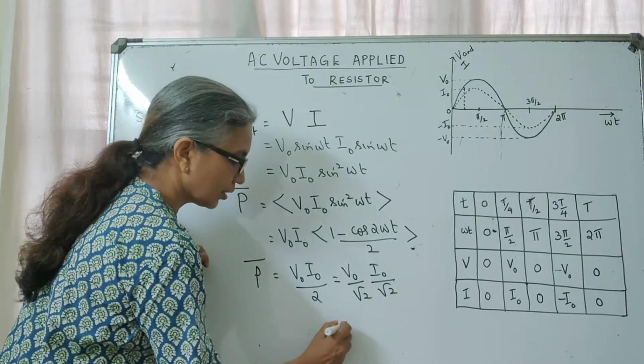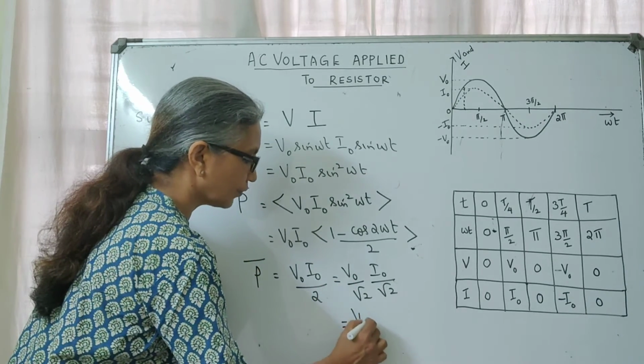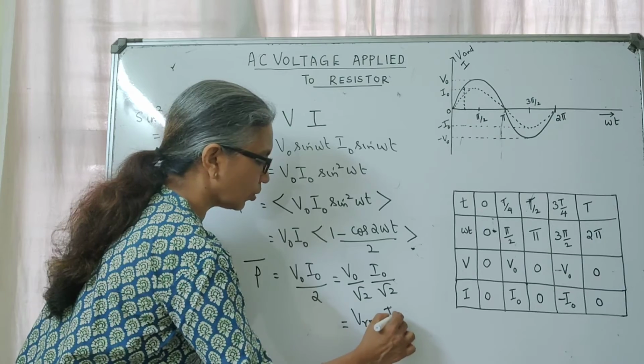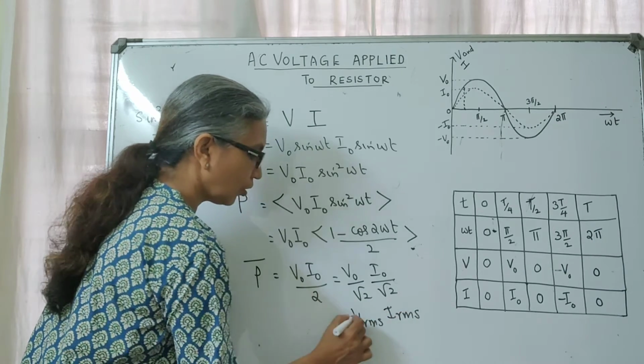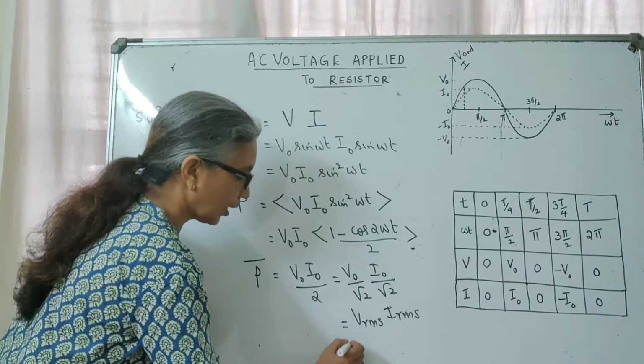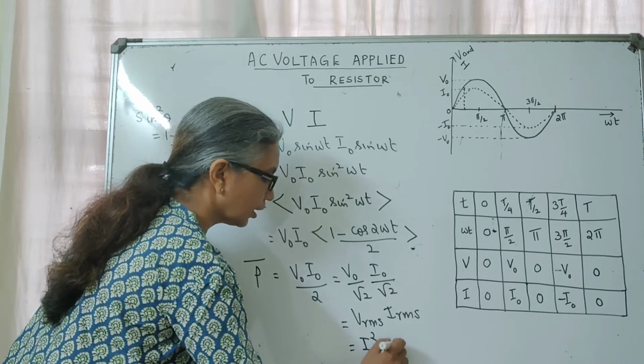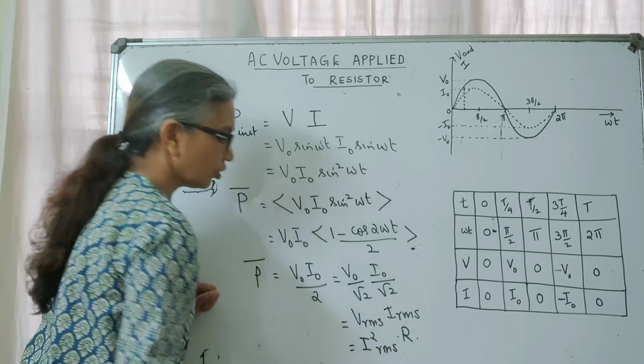This is what I discussed in the last session as VRMS. So we have this as VRMS into IRMS. Or I can replace this V with I into R, Ohm's law, so that I may write my formula as I squared RMS into R.